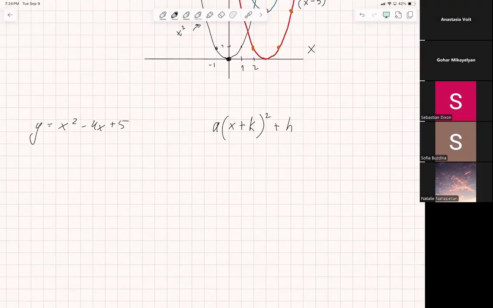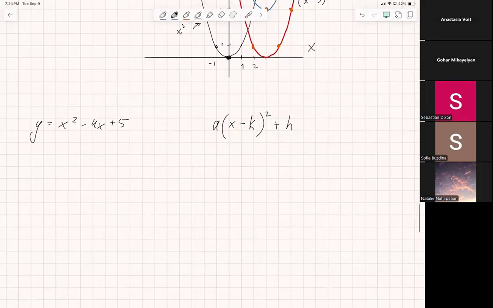So when it's in this form, it's easier to graph because you have your stretch or compression, your shift to the right or left, and your shift up or down, okay? So in this case, to get to this form, we will need to complete the square, right? Because it's not a perfect square.